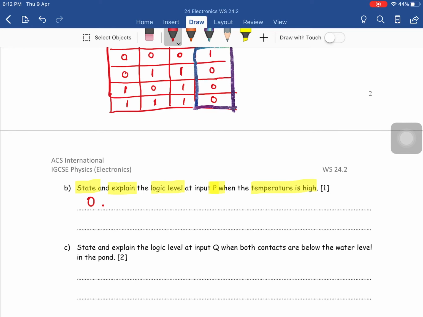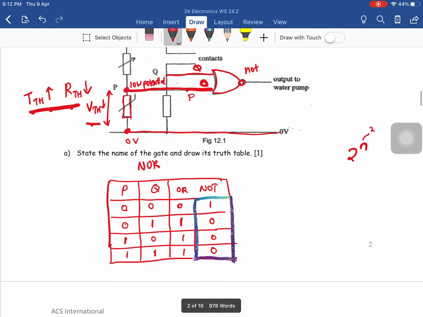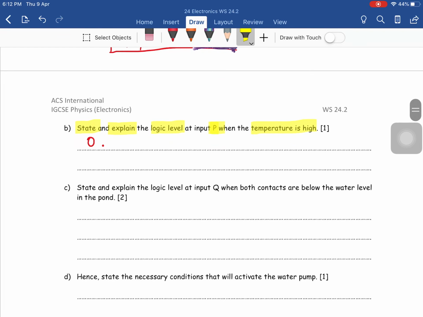How do I explain why? You will explain using all this, telling us that when the temperature is high, resistance of the thermistor will decrease. When the resistance of the thermistor decreases, the potential difference across the thermistor will decrease. And so since the potential decreases, it results in a lower potential at point P. So the logic level will be 0.